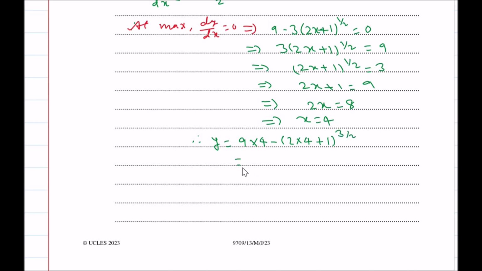If you simplify this, that is giving us 36 minus 27, that is equal to 9. So maximum point is equal to 4, 9. So this is the coordinate of the maximum point.